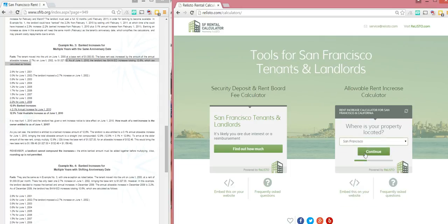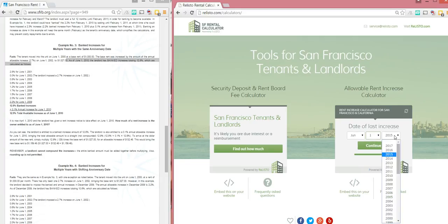This is, of course, San Francisco. This is a rent control property. Current rent, $1,027. You'll note that one increase has gone into place, and so that is now considered the base rent. The last rent increase was June 1st, 2000.